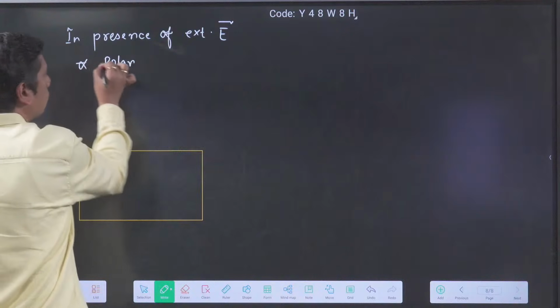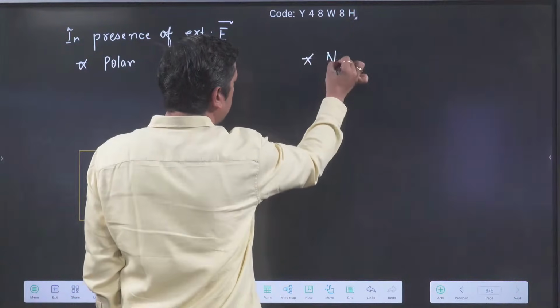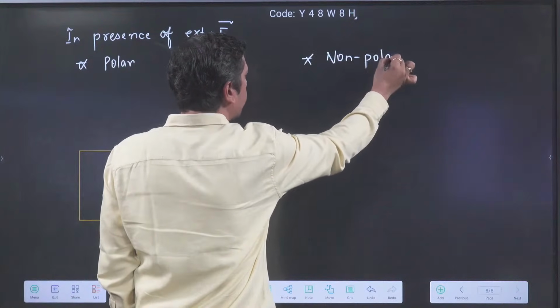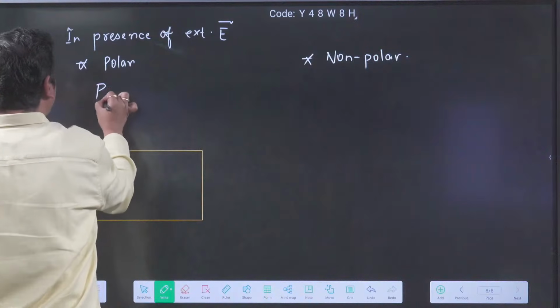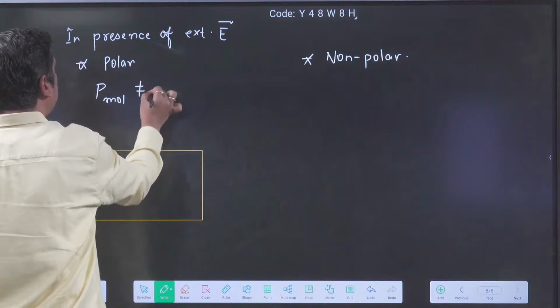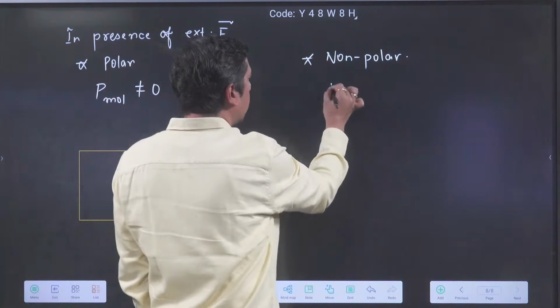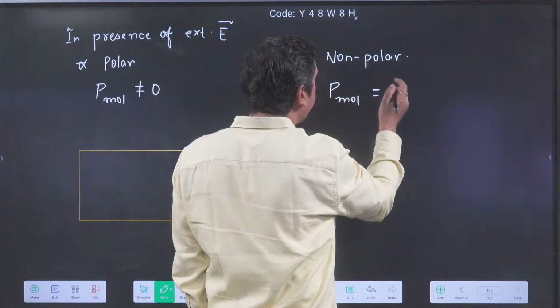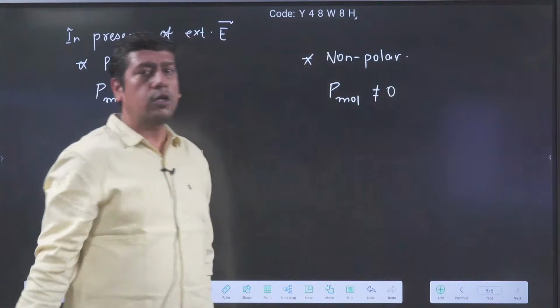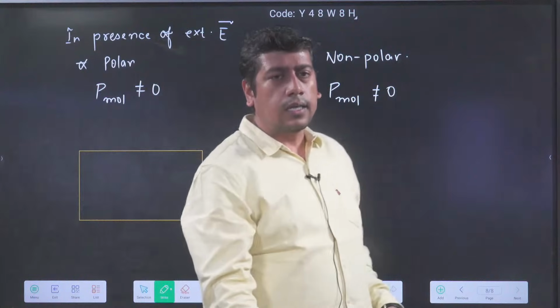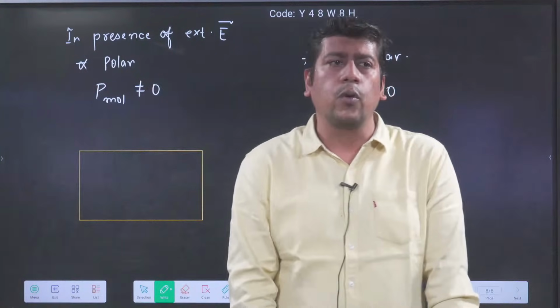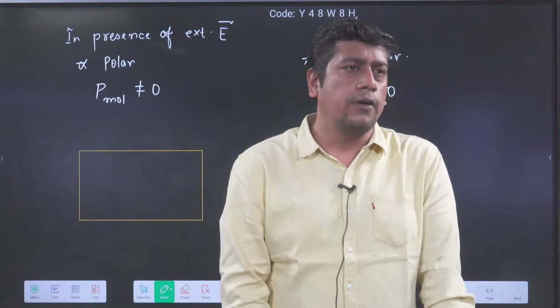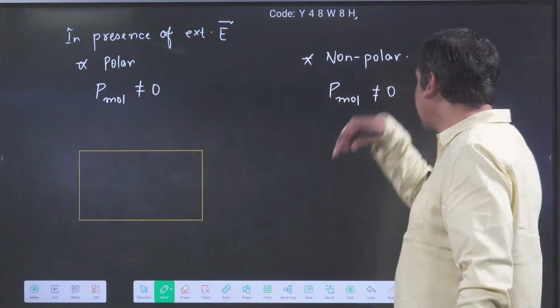This one is polar. Here we are writing non-polar. Now, if I talk about the molecule, it was already non-zero, so it will remain non-zero. Here the molecule was having 0 dipole moment. Now it will also have non-zero. Means the negative and positive charge centers will not coincide now in non-polar. It will be separated.